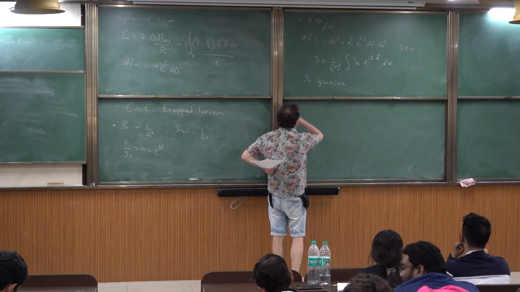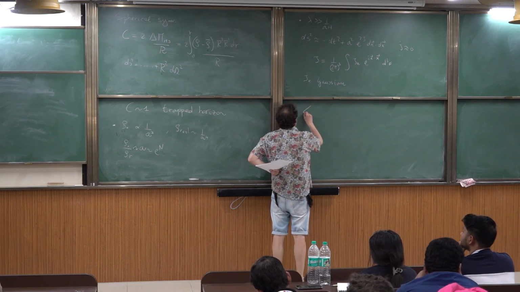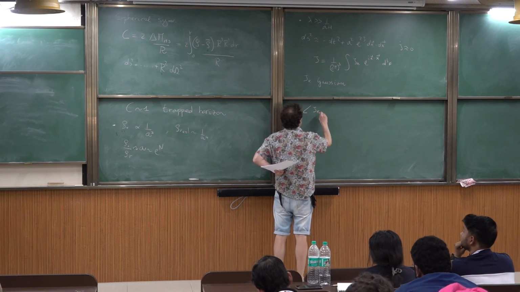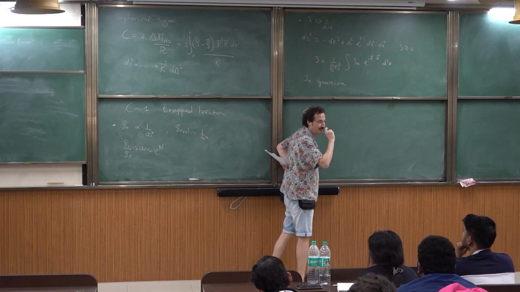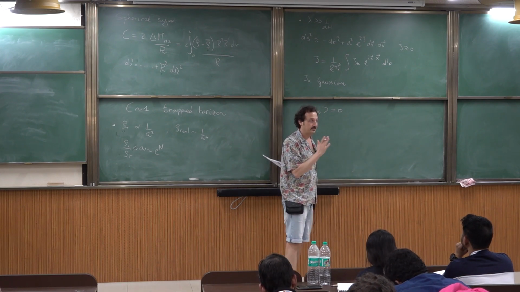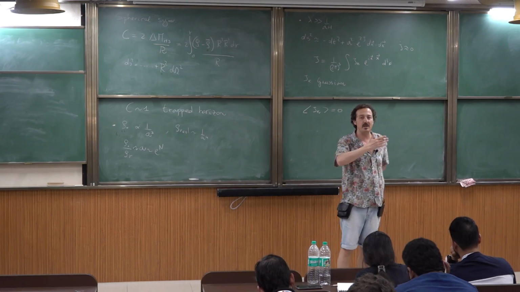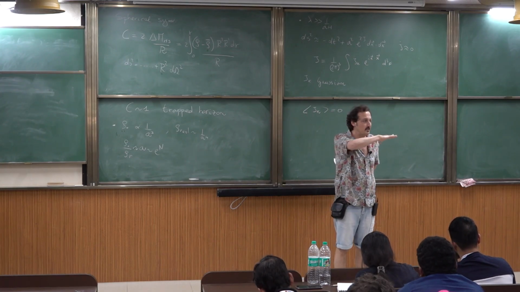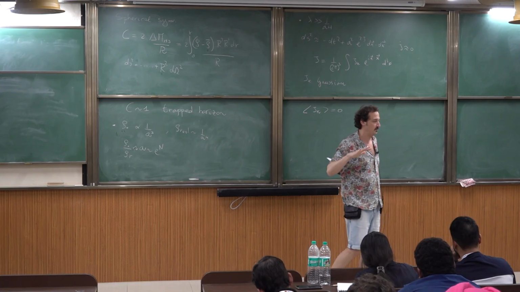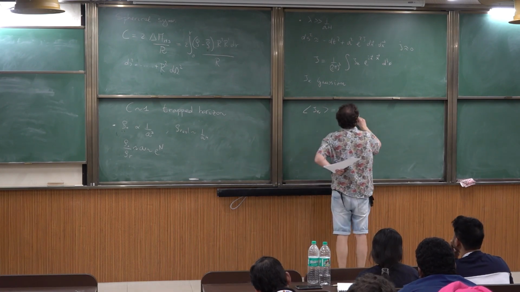Now, as we saw two days ago, the average of zeta_k is equal to 0, so it's centrally peaked. That's why the CMB is basically homogeneous and isotropic.